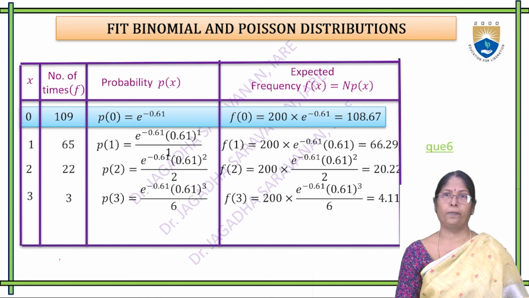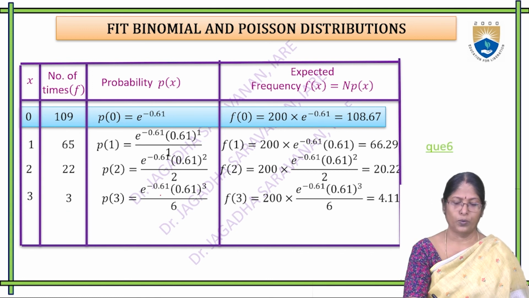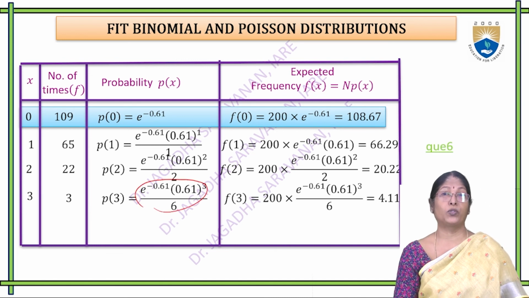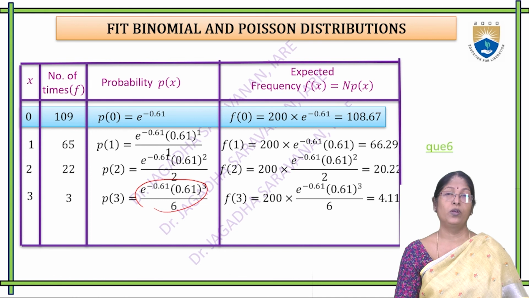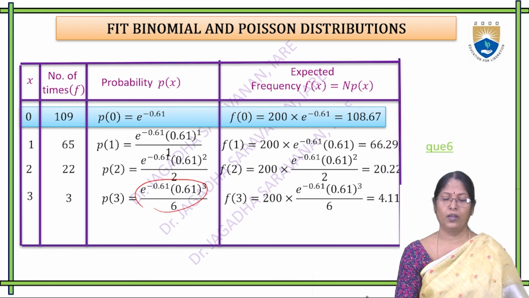So for 3, the frequency is also 3. This is the value we obtained, e power minus 0.61 into 0.61, the whole cube divided by 6, which is multiplied by 200. We obtained 4.11.